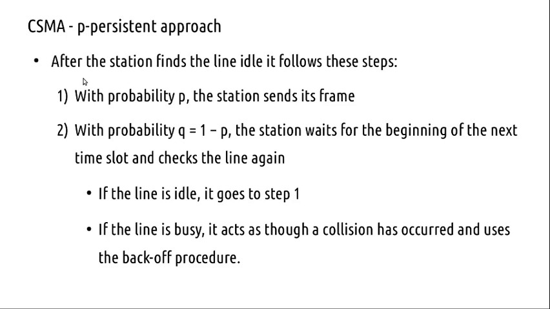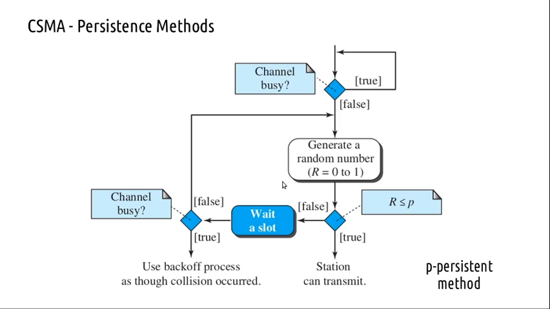So the basic step is that it will observe the channel and check whether it is idle or not. In this p persistent method, it checks whether the channel is idle or not. If the channel is busy, it will keep waiting. If the channel is not busy, it will generate a random number between 0 and 1.